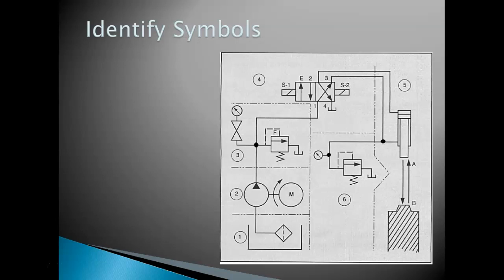Number 3 is a pressure relief valve with a gauge to kind of tell you where the pressure is supposed to be. What about number 4?